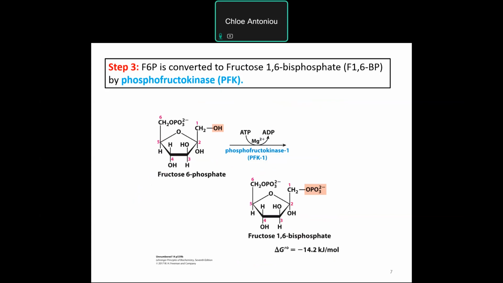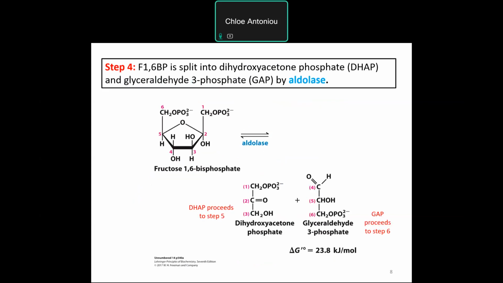Okay? And then what's going to happen? This fructose 1,6-bisphosphate is going to split into two. We've destabilized it enough so that there's an enzyme called aldolase that can come and split the molecule into two. What are the two molecules you get? Dihydroxyacetone phosphate, which people abbreviate as DHAP, and glyceraldehyde 3-phosphate, which people abbreviate like a clothing brand, Gap.